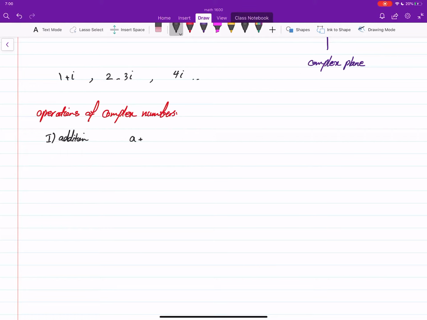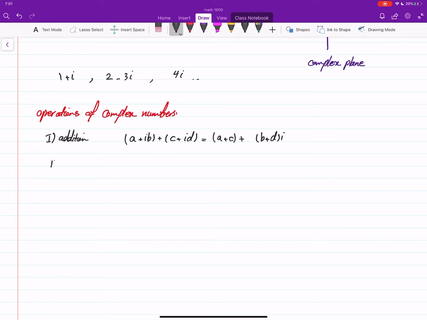If I have a plus bi, and I want to add it to c plus di, this will give us a plus c, adding the real parts, that's the real part of the sum, and adding the imaginary parts, then multiplying by i.